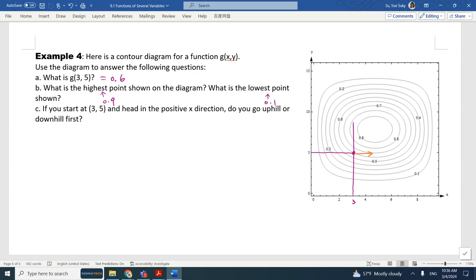You go up here and maybe you reach 0.7 and then you go down here. So if we go up to about 0.7, then we go down. Okay. So far, so good, everybody? This is what we can know from the level curves.